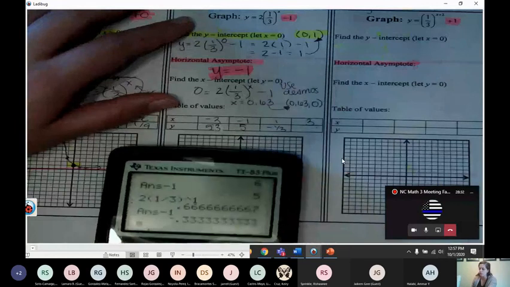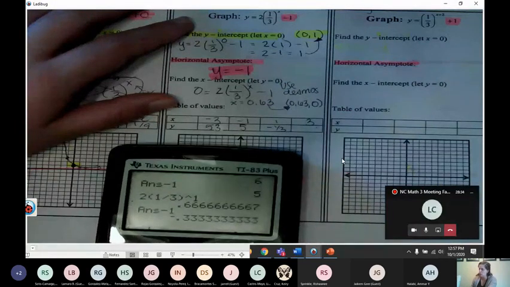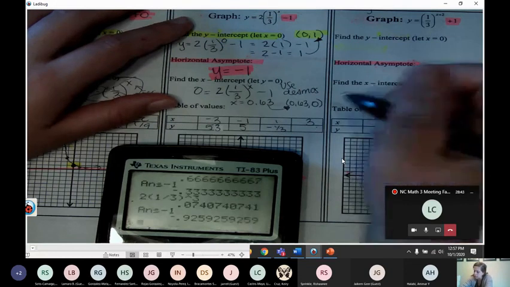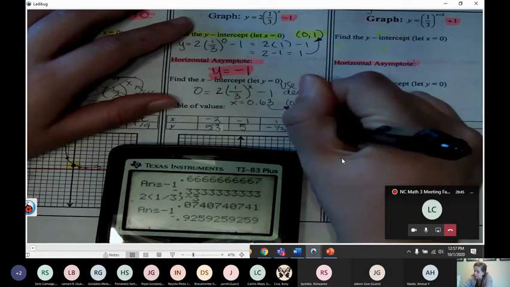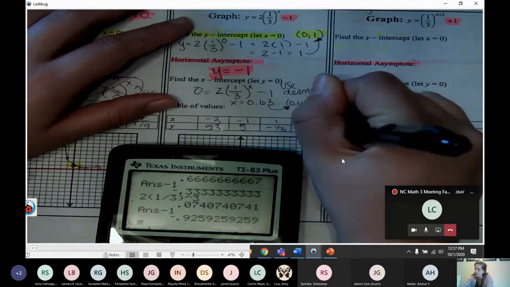And then if we cube this, 2 times 1/3 to the third power minus 1 is going to be close to -1, so -0.93.